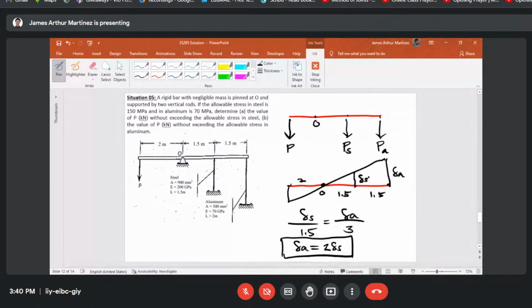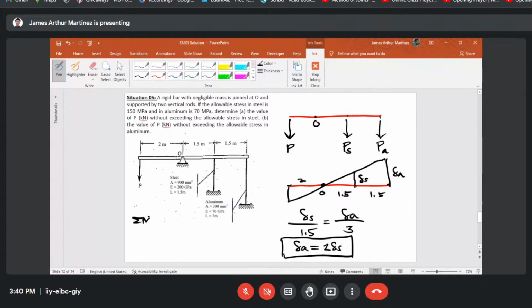So, naa na tay relationship. But, since force P, or the value of P, man ang atong gina-obtain, let us create an equation for P. So, how do we solve for P? So, by this illustration or free body diagram, let us take moment at point O, para ma-compute na si P. Sige.